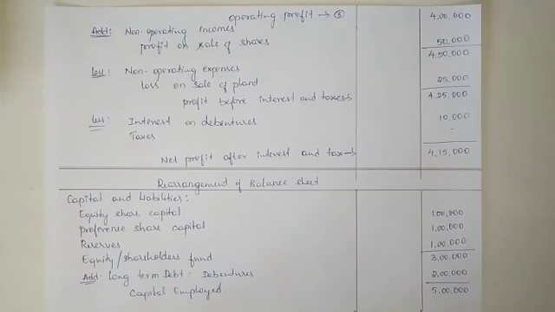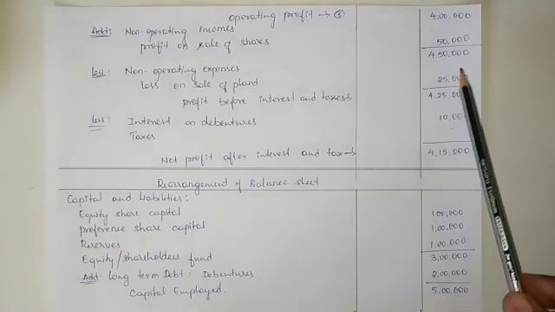These shares may be related to some other company. When we sell those shares, we may earn some profit. That particular profit is non-operating income, not directly related to the activity of the business. That is 50,000. Now the profit comes to rupees 4,50,000.